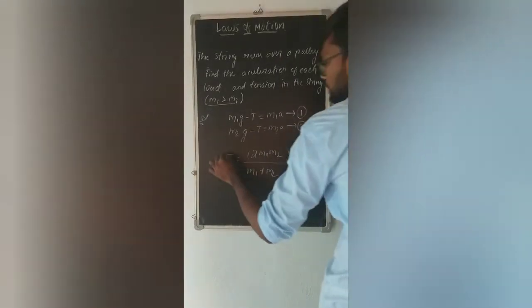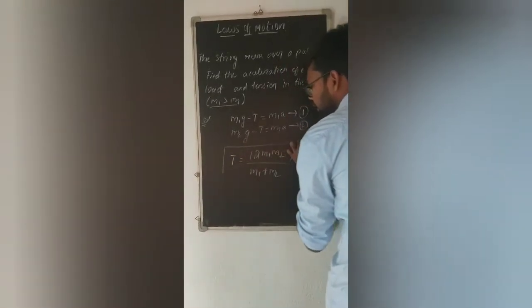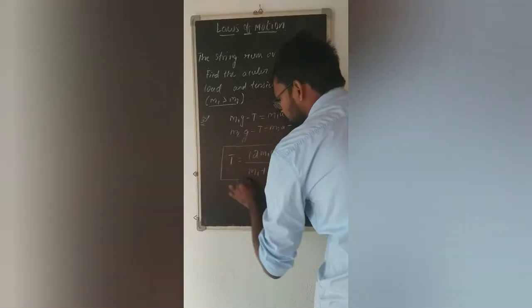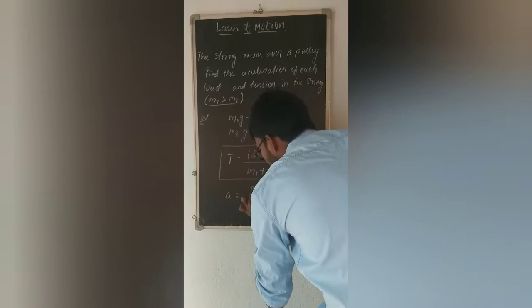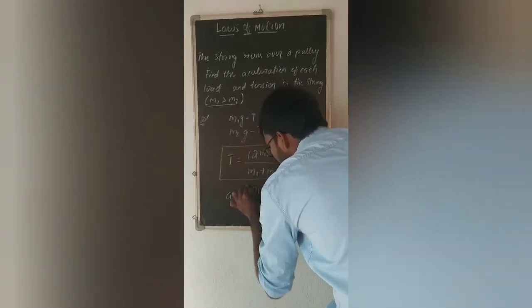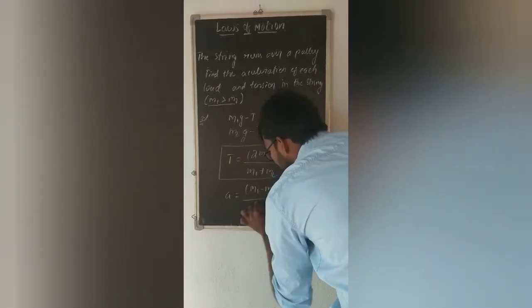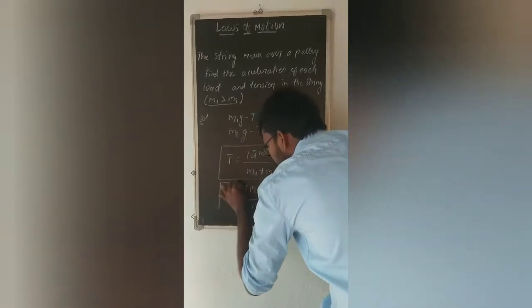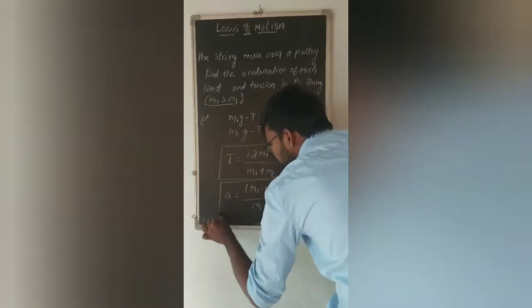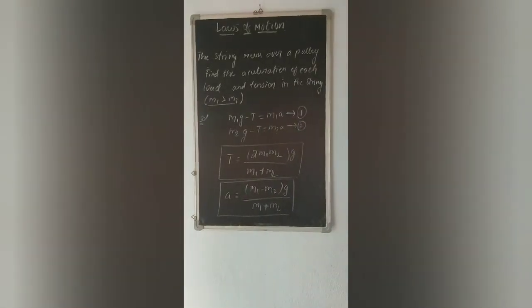Okay, this will be the tension equation, and the acceleration equation will be A equal to (M1 minus M2) into G by (M1 plus M2). Okay, this is about tension as well as acceleration.